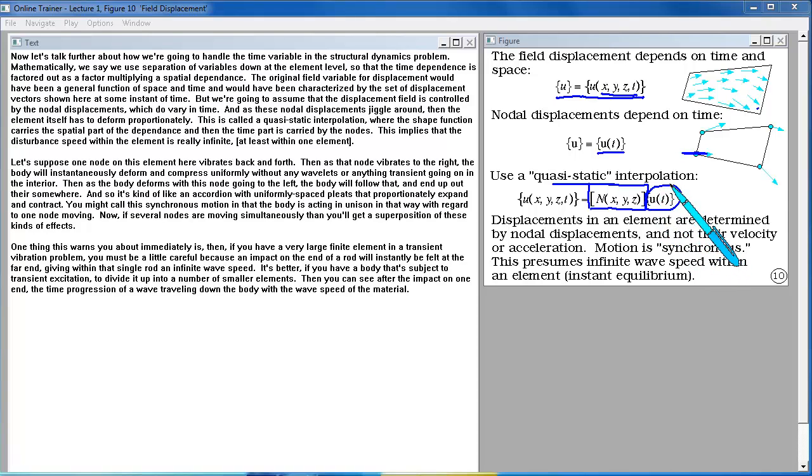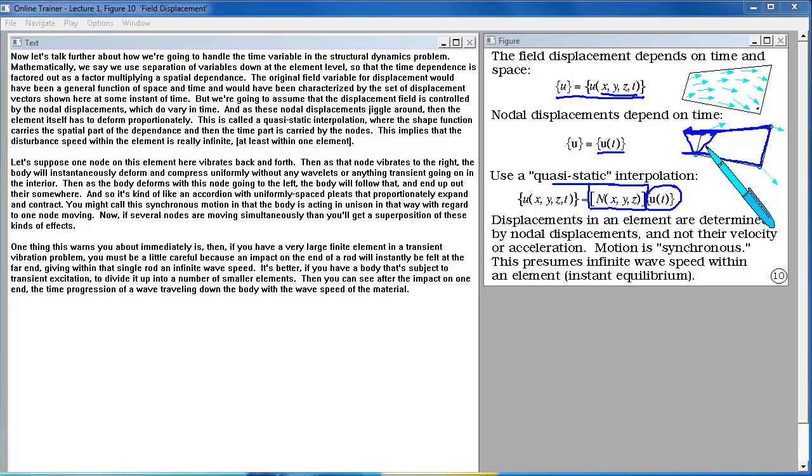This implies that the disturbance speed within the element is really infinite. Let's suppose one node on this element here vibrates back and forth. Then as that node vibrates to the right, the body will instantaneously deform and compress uniformly without any wavelets or anything transient going on in the interior. Then as the body deforms with this node going to the left, the body will follow that and end up out there somewhere.